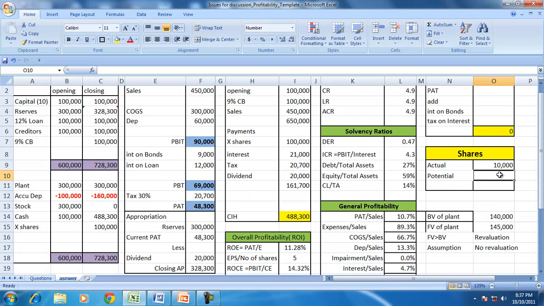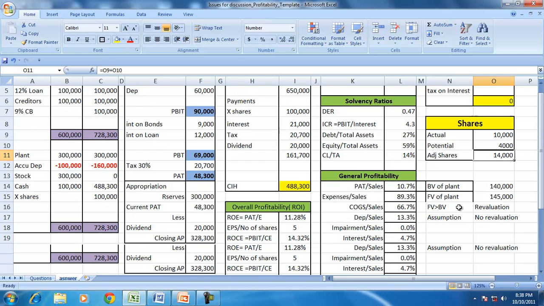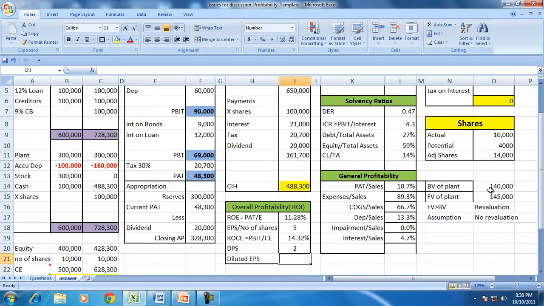Therefore the number of potential shares will be this divided by 25. I'll call that adjusted shares, which is actual shares plus potential shares. And this number is required to calculate the diluted EPS.